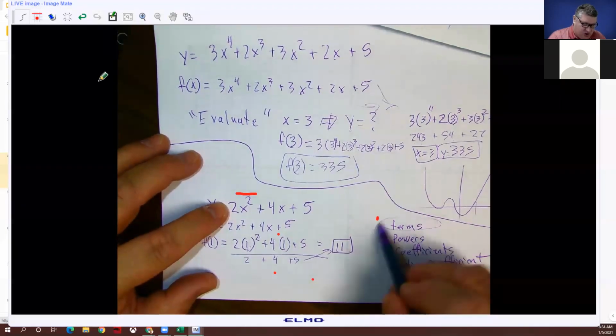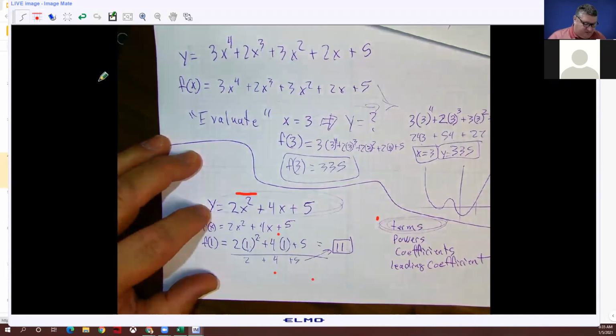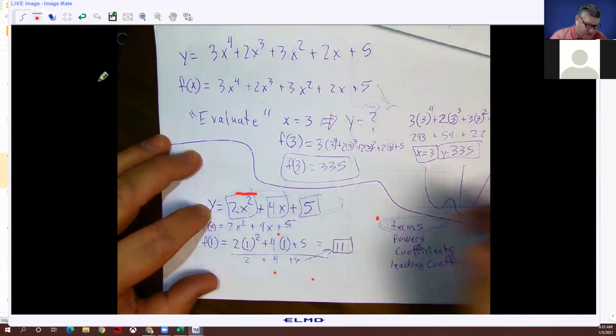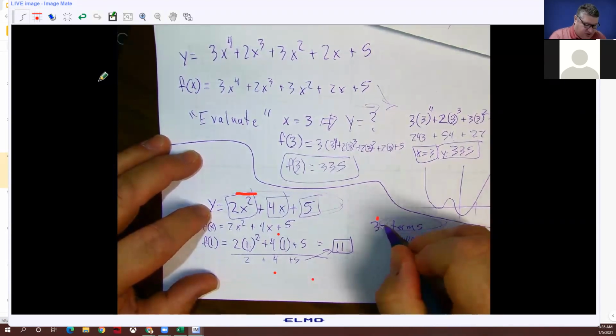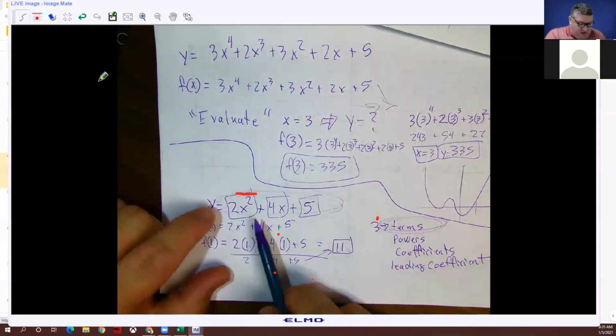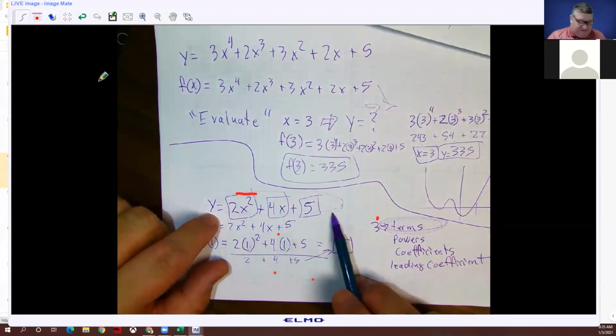How many terms do I have in this equation? The number of terms is 1, 2, 3. There are 3 terms because there are 3 pieces. Very good, Isabel. There are 3 terms because there's 3 pieces separated by plus signs.